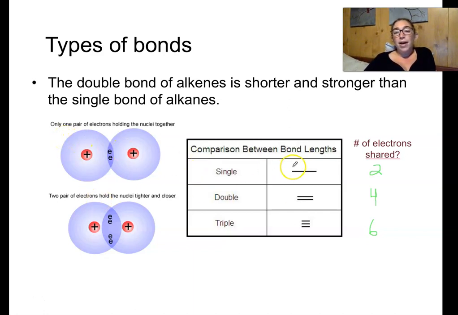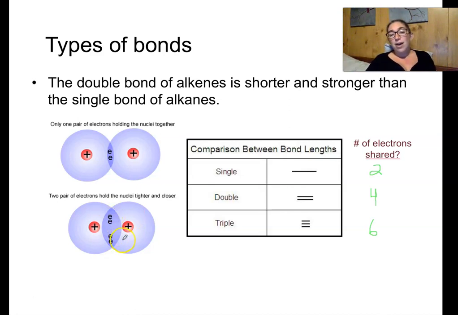So single bonds technically are a bit longer than double and triple bonds, and that's because if you think about what bonding really is, bonding is actually overlap of these electron clouds. So in a single bond, the electron cloud only overlaps a little bit to share 1 pair, but in a double bond, the electron cloud is overlapping more in order to share 2 pairs of electrons.